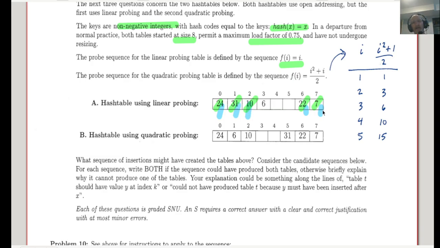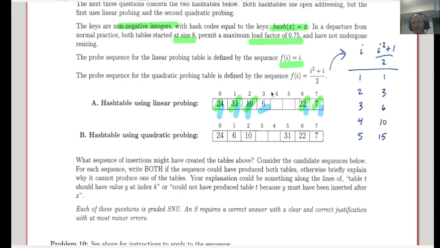Finally, after adding what? 1, 2, 3, 4. On 6 plus 5, mod 8, we land at slot 3, and we finally put 6 there. And so the linear works. I just want to point out, I just said 6 plus 5.